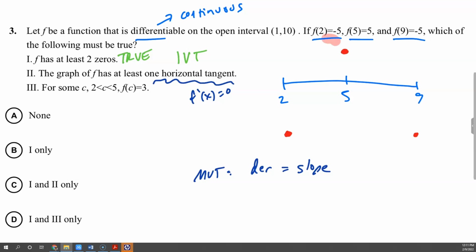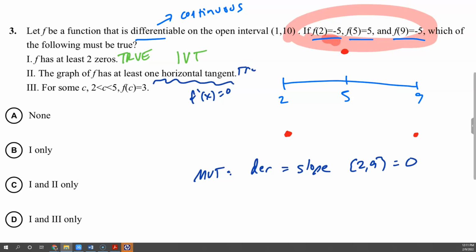Given these points, is there somewhere that I can make the slope 0? Yes, between, because it says -5, right? So the slope on the interval 2 to 9 is 0, which means somewhere the derivative has to equal 0. That's true. That's MVT, mean value theorem, okay? That's true.